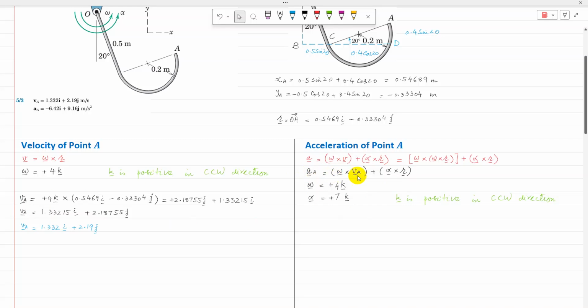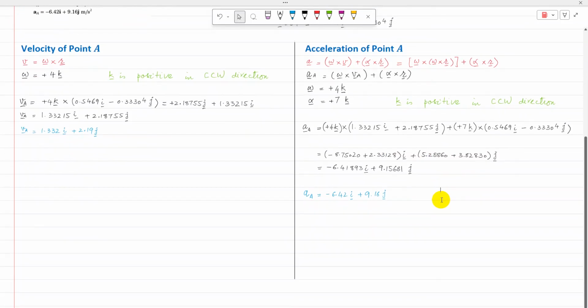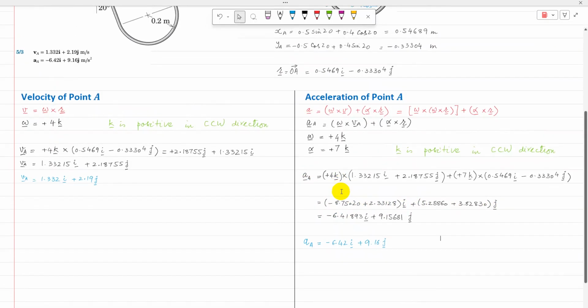So by substituting the values in the equation for acceleration at point A, omega plus 4k cross v_A plus alpha plus 4k cross r, and then after simplifying it and multiplying and using the rules, i cross j is equal to k, j cross k is equal to i, and then rearranging them and writing in terms of i and j, the acceleration at point A comes as minus 6.41893 i plus 9.15681 j.